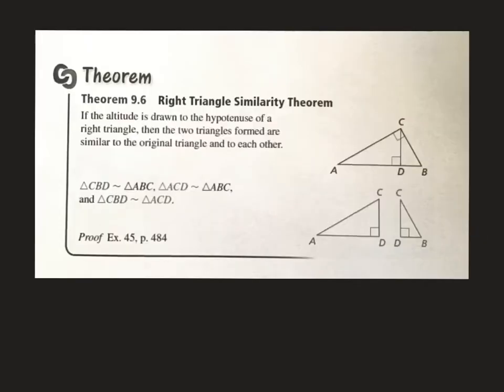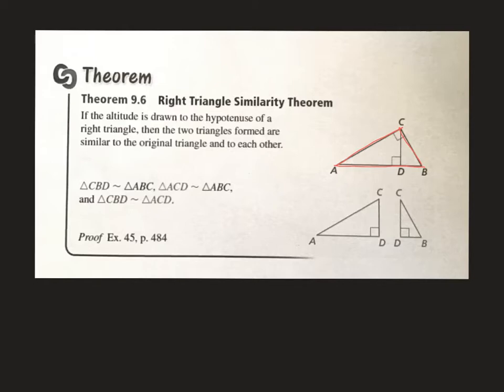So our right triangle similarity theorem is our main theorem for this section. Basically, we're going to have one entire right triangle. So that would be this triangle ABC that I am outlining in red. And basically what we're going to do is we are going to draw an altitude.